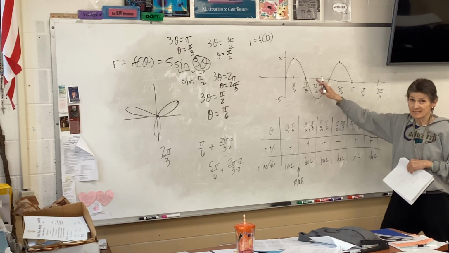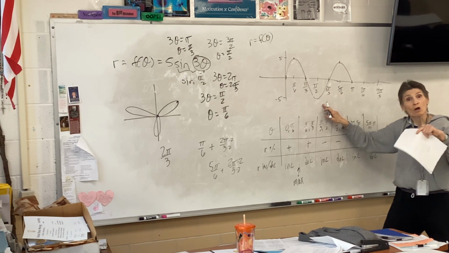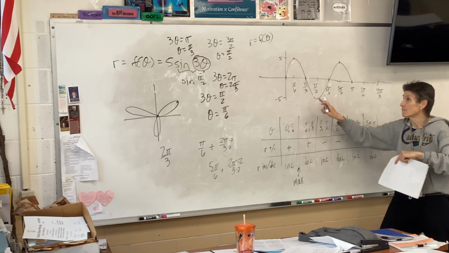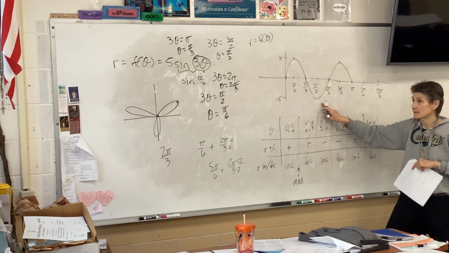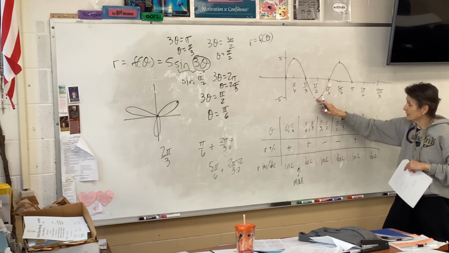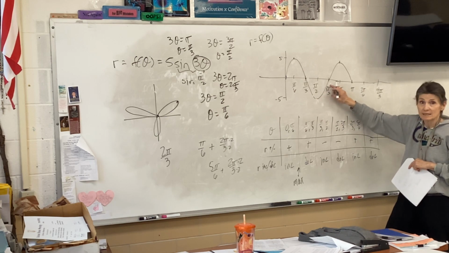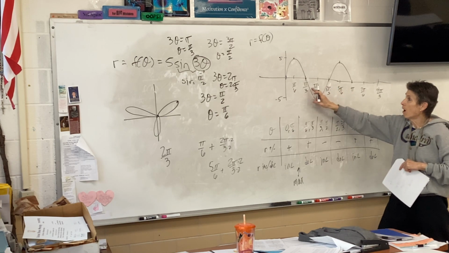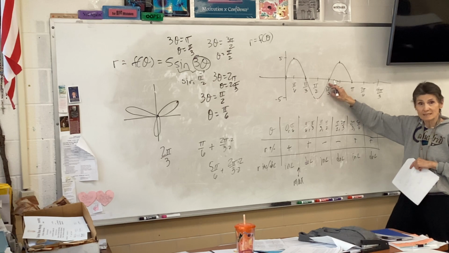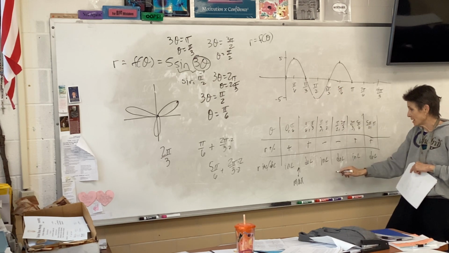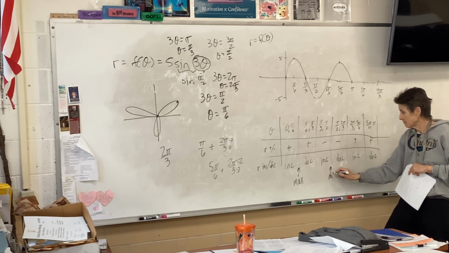F of theta is decreasing here, but that means R is increasing, getting farther away from the x-axis. So I go from being decreasing to increasing on my curve, while R is going from increasing to decreasing. That's going to be a relative minimum.